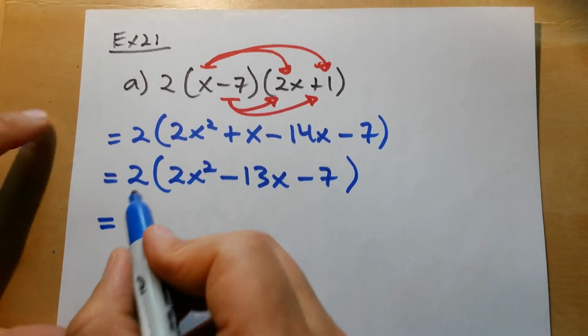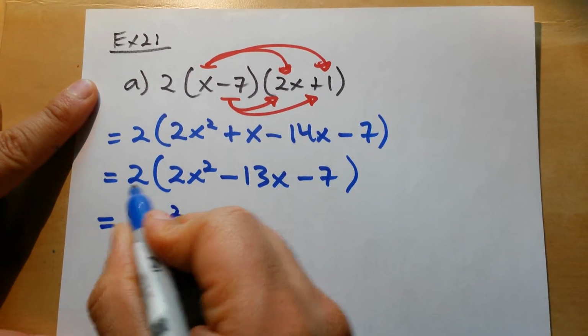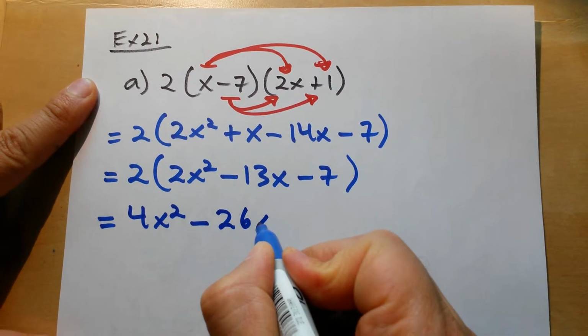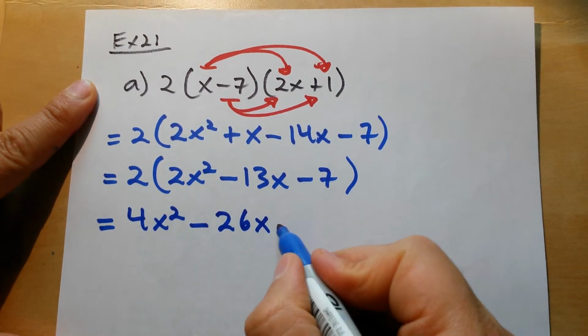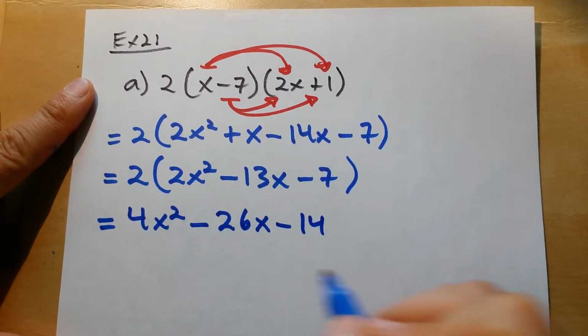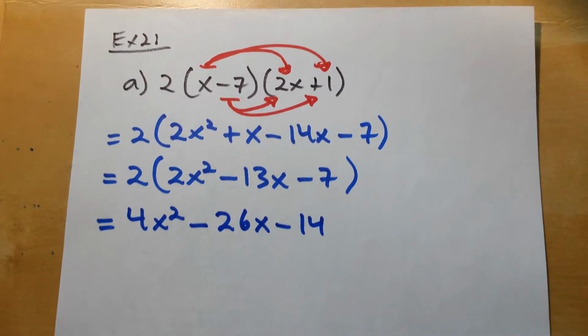So 2 times 2x squared gives us 4x squared. Positive times negative, negative 2 times 13x gives us negative 26x. Positive times negative, negative 2 times 7, negative 14. That's it. There's nothing else we can do.